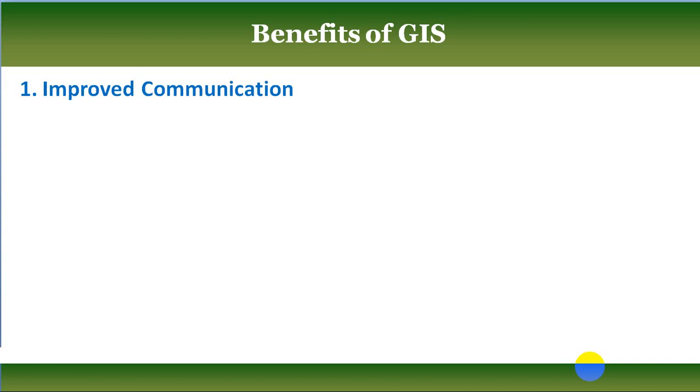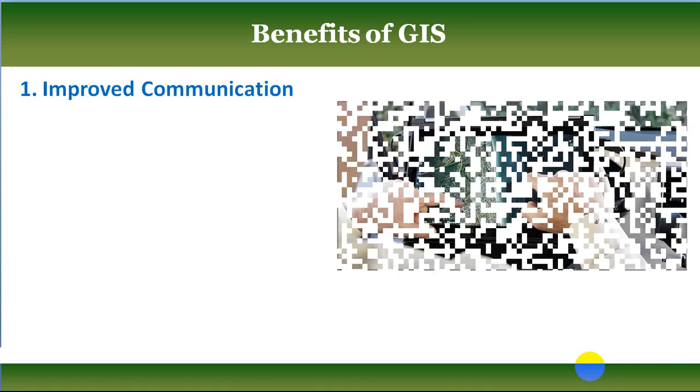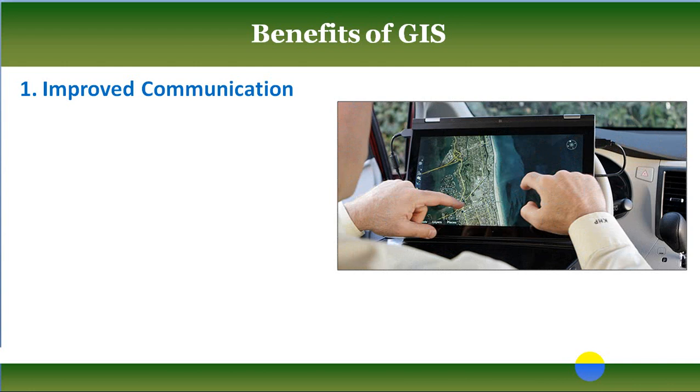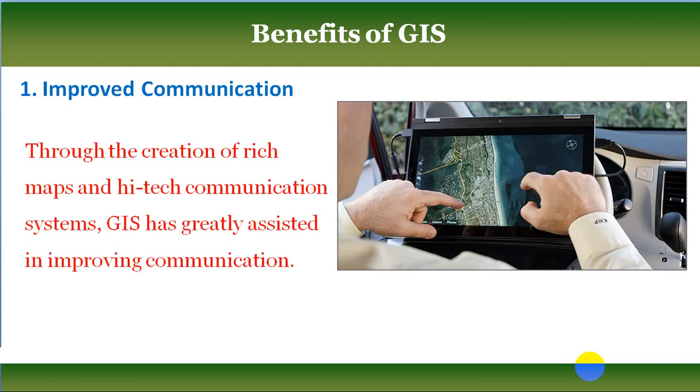For example, for improved communication, a GIS map is a very useful way by which we can communicate locational information, as I told you in my previous lecture. I just show you one screen picture, which shows you nothing but a map.